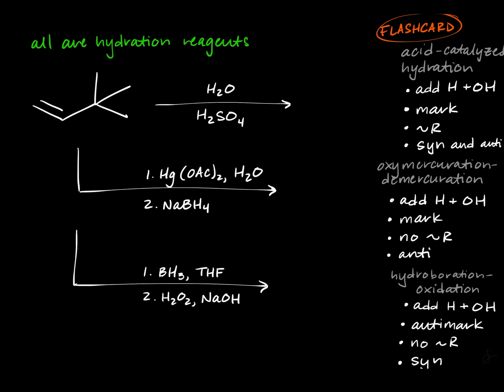Okay, so let's do the bottom two, because they don't do rearrangement, and we love reactions that don't do rearrangement, at least on paper, and actually in practice too. So let us do that. In this case, we simply have to add H and OH off of either one of these carbons. Because this reaction is a Markovnikov reaction, we're going to add the OH off of the more substituted carbon.